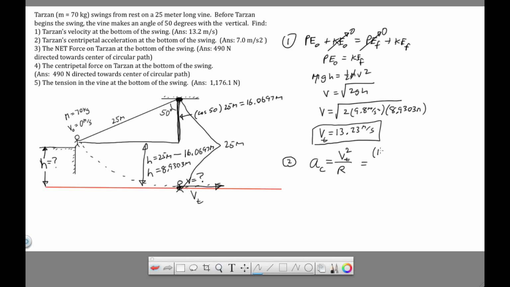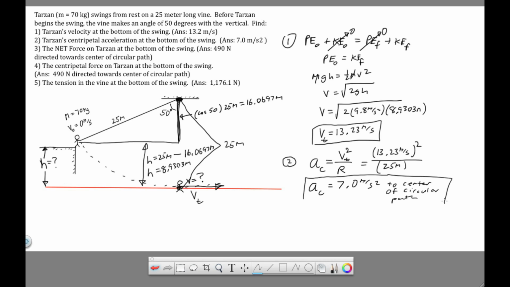So we plug in 13.23 meters per second, his velocity at the lowest point in the swing. The radius of the circle is the length of the vine itself, which is 25 meters. This gives us a centripetal acceleration of 7.0 meters per second squared, directed to the center of the circular path.